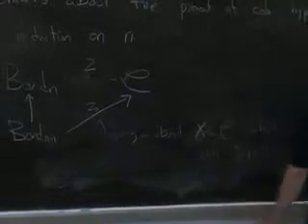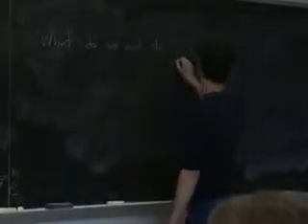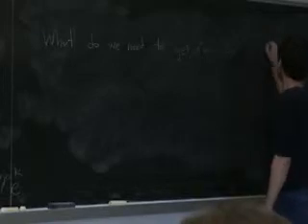And the answer is you actually don't have to supply very much data in order to extend this functor. So let's say we have our functor z0. We want a functor z. So what do we need to get from z0 to z? That's a question.